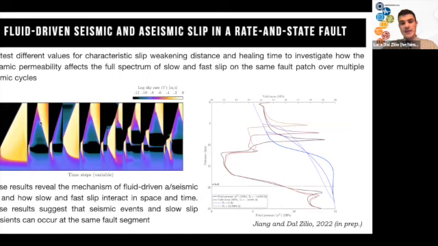So in this case, by accounting for the dynamic evolution of permeability, we can observe seismic and aseismic slip within the same fault segment, even including a nucleation size that is relatively large compared to the size of the fault. And because of that, we observe this type of behavior where fluids are triggering a slow slip transient, and eventually we can have the propagation of seismic events.